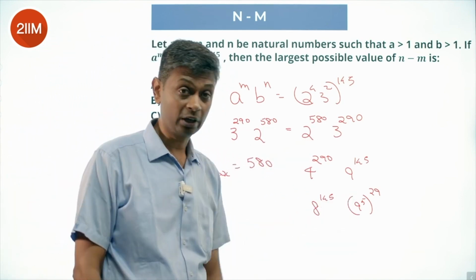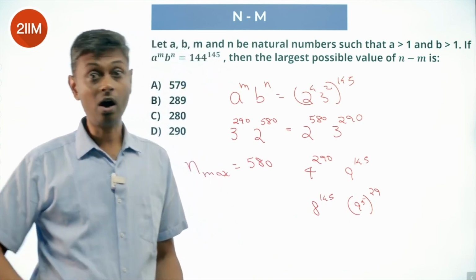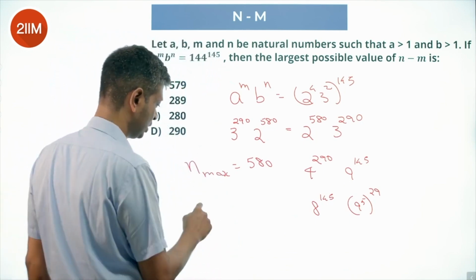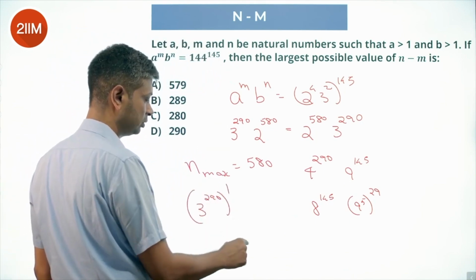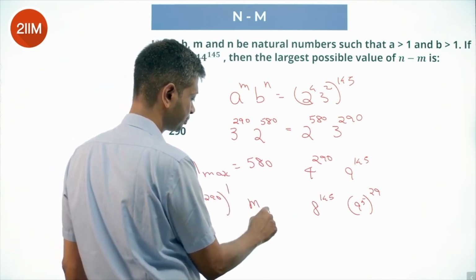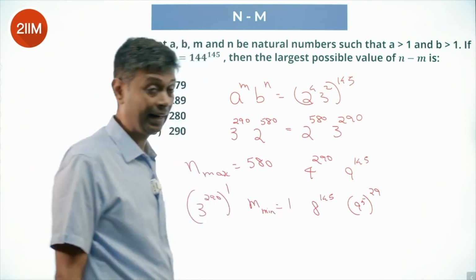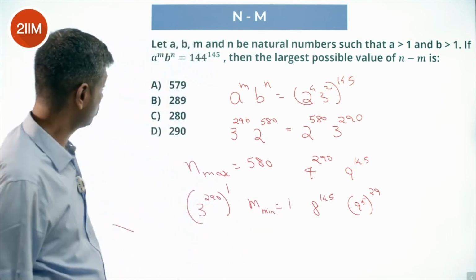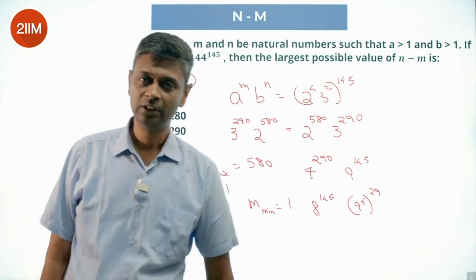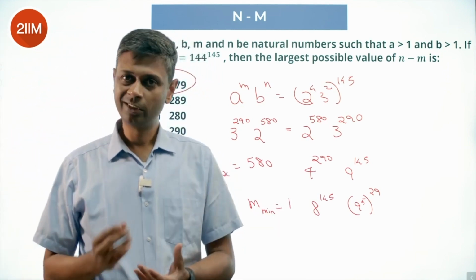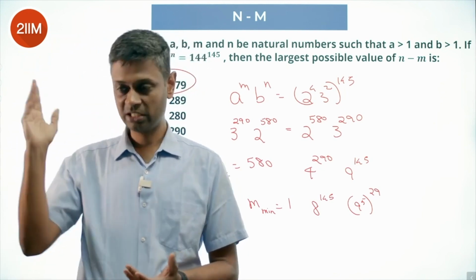Or 9 power 5 whole power 29, m could be 29. Or, quite interestingly, I can think of it as 3 power 290 whole power 1, so m minimum is equal to 1. n max is 580, m minimum is 1. This could go as high as 579. Beautiful question. We're basically taking the lesser of the two primes, sticking it under b, and maximizing n.